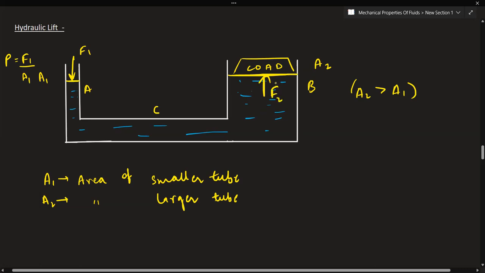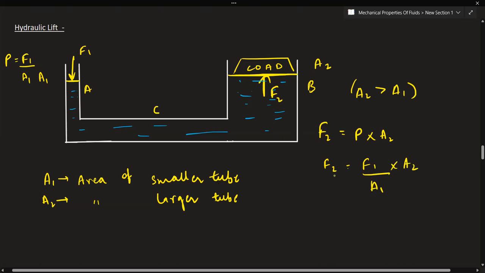So upward force, because it is used to lift this, should be this pressure only, multiplied by its area. Or you can write F2 is equal to F1 divided by A1 multiplied by A2. Yes?